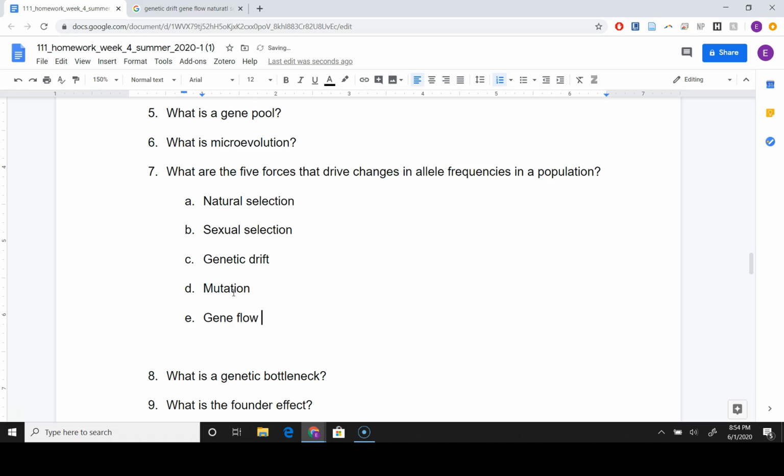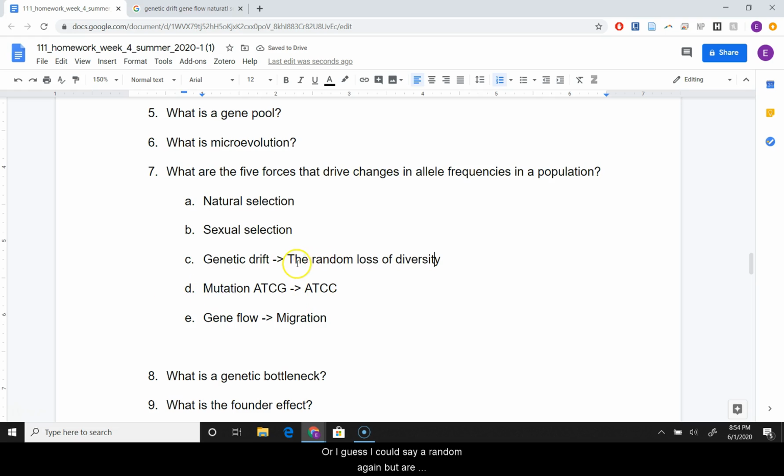Gene flow, and actually I'll just leave this up here. Gene flow can be thought of as just migration.